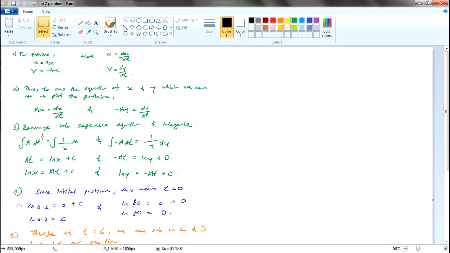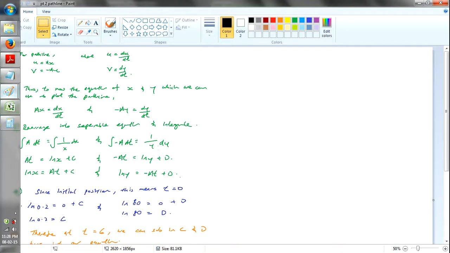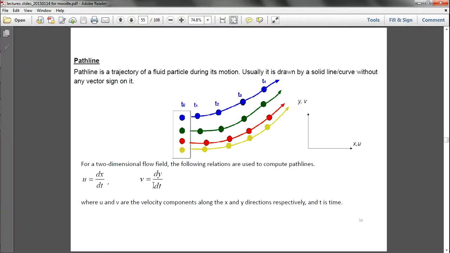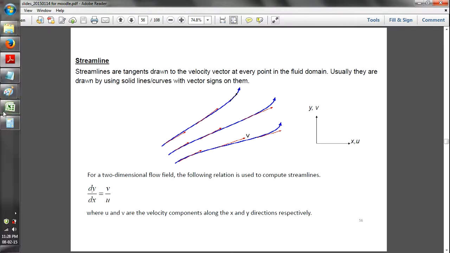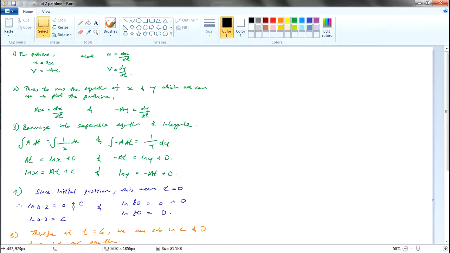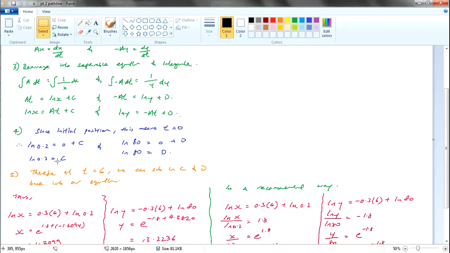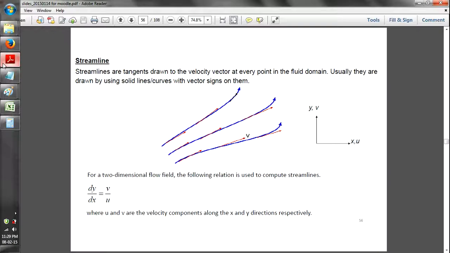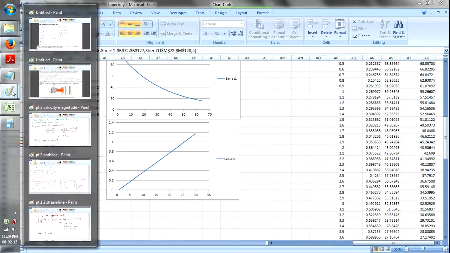So you integrate them using the pathline equation, if you remember. So you just use this relationship and then you can integrate, and then you get your equation for x and y with a particular initial condition. Let's say time equals 0, you can sub in c and d for your values. So these are all the stuff you really need to know and get into your heads.